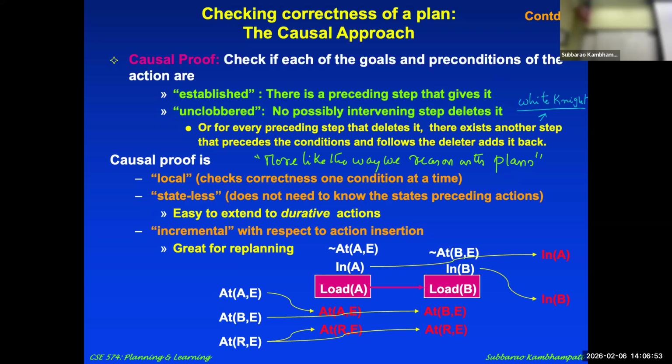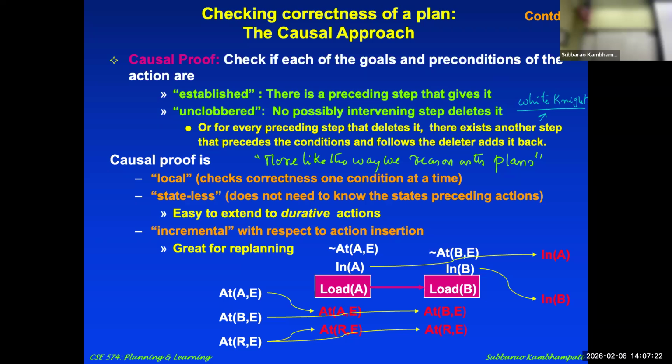So for this unsafe link, if you are actually constructing the plan, the way you resolve this flaw, by the way, unsafe links and open conditions are called flaws. So what's wrong with the plan? A plan is correct if it has no flaws. And for each flaw, there should be a way to resolve the flaw.